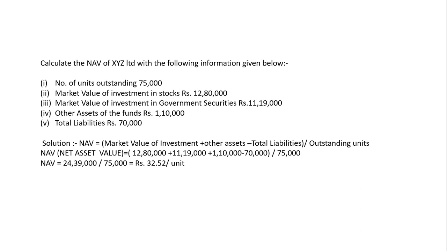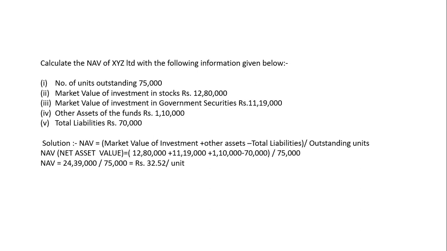So all asset side you will add 12,80,000 plus 11,19,000 plus other assets 1,10,000 minus liabilities which are outstanding at the end of mutual fund. They are supposed to pay some liabilities, expenses which are outstanding, minus 70,000. You will get 24,39,000.